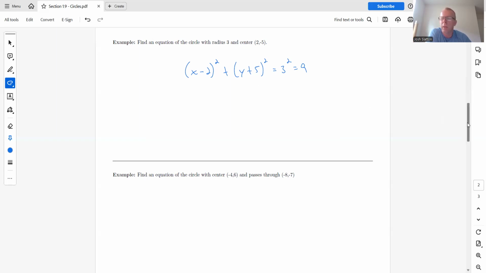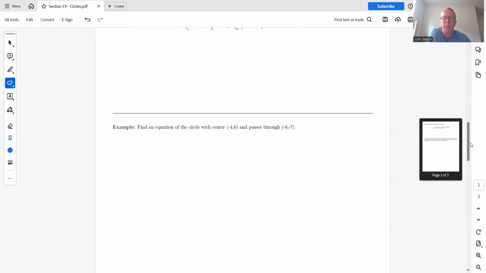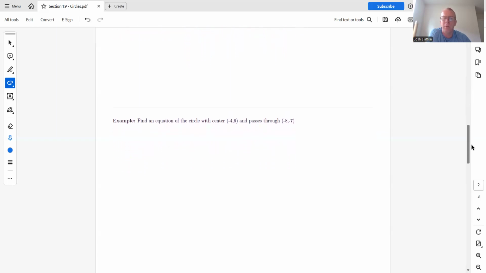Now this next example could sometimes give people some trouble. Find the equation of the circle centered at (-4, 6), passing through (-8, -7). We've seen these before. I don't remember if it was the hyperbola or the ellipse, but one of these, maybe in the ellipse.